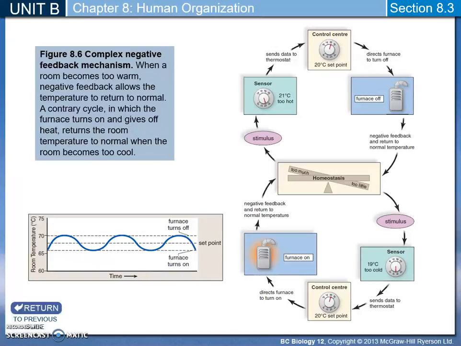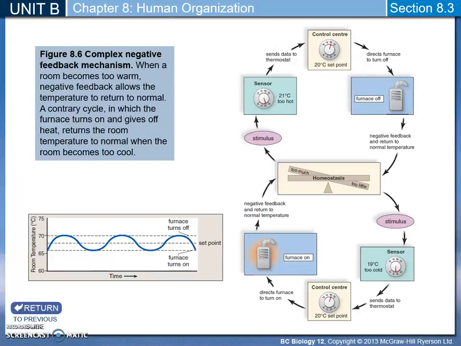The bottom loop represents where there's too little heat in the room, so that stimulus is detected by the sensor, which sends data to the thermostat, which will then direct the furnace to turn on, which increases the heat in the room and brings the temperature up to the set point.